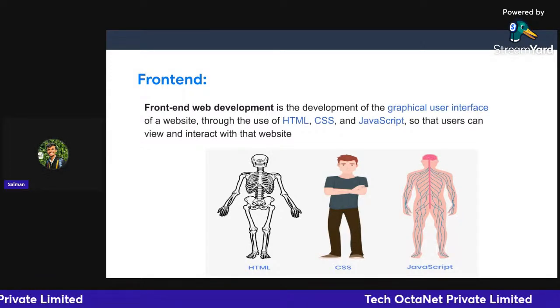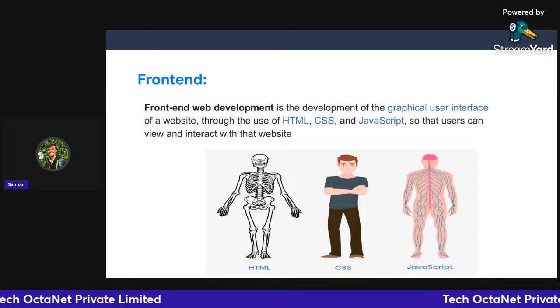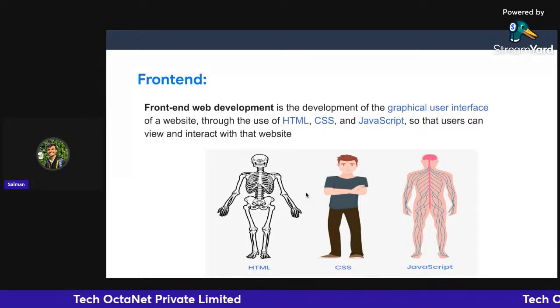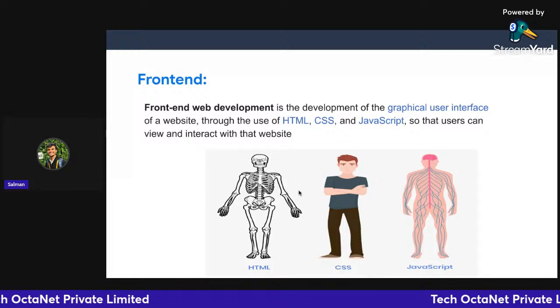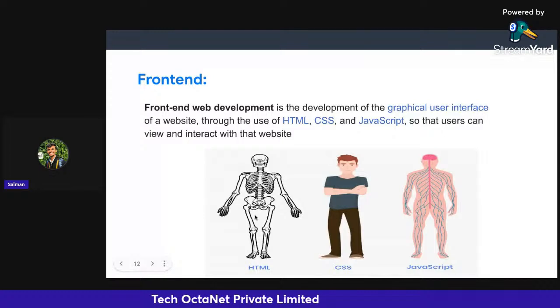Okay, but to develop a proper front end, we use different technologies such as HTML, CSS, and JavaScript. And each technology has its own use case. Let's have a look at the diagram. In this diagram, you can see HTML is like the bone structure of a human, right?